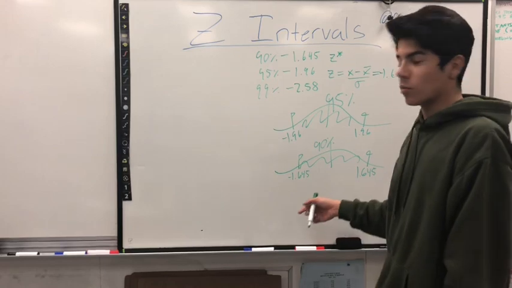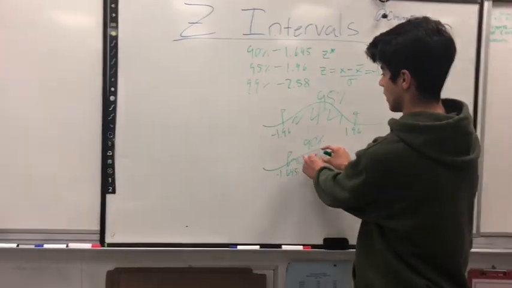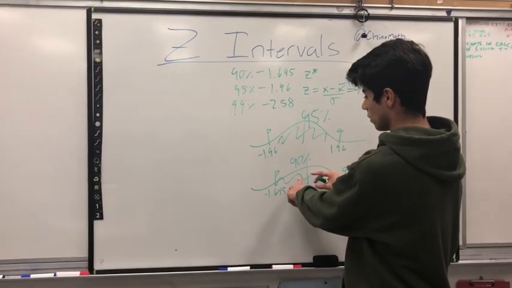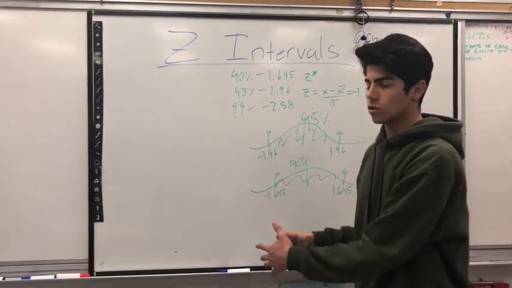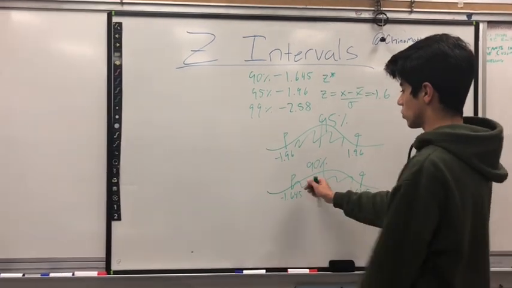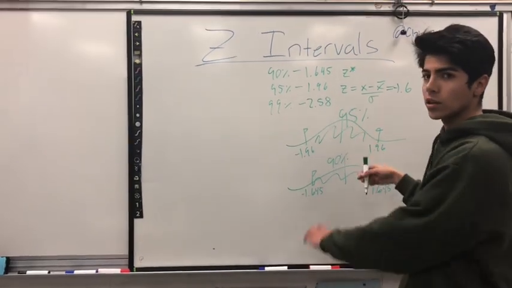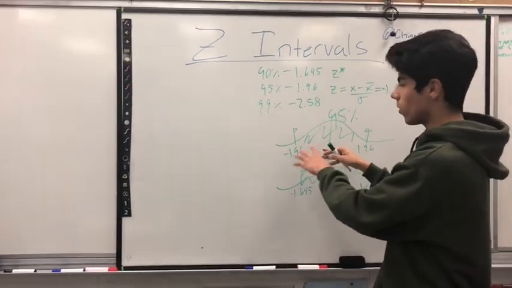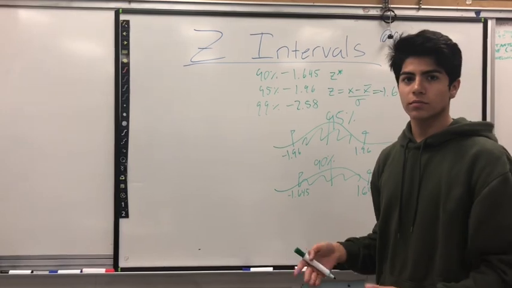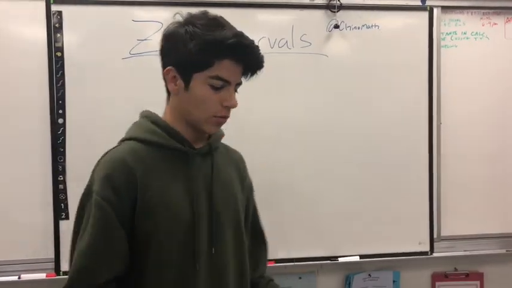So once again, within 1.645 standard deviations of the mean, we're able to find 90% of the area under the curve. For our confidence intervals, we say that we would be 90% confident that the true value falls within this range. Or here, we're 95% confident that our true proportion falls within this range. Okay, I'll stop there. I just want to do an example of a quick z-interval on the homework.